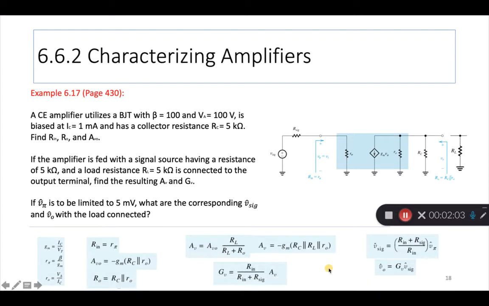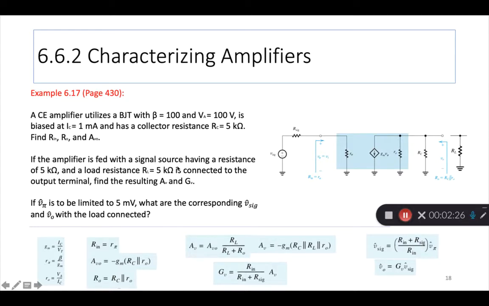Next, we are told that if a load is connected, now it's not open circuit anymore, it has a load, RL 5 kilo ohms. Similarly, the signal also is connected, and it has an internal resistance of 5 kilo ohms also.